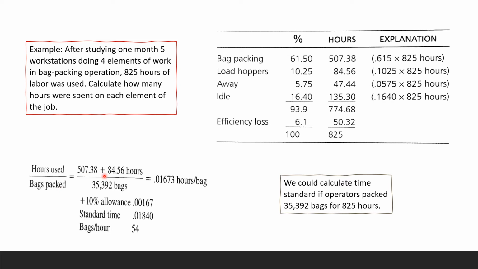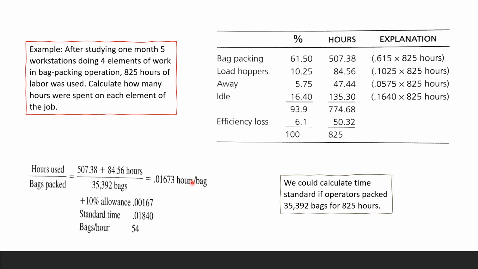Therefore you have 507.38 from here, plus 84.56 hours, divided by 35,392 bags, which is given to you right here. You're going to get 0.01673 hours per bag. So that's your hours per unit.